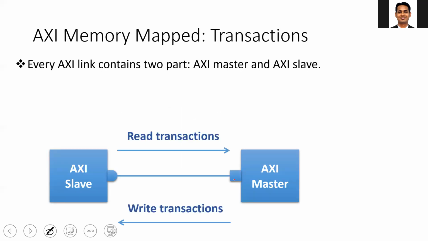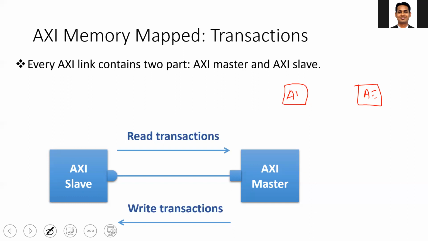The AXI protocol highlights how data communication can take place over an AXI link. Suppose you have two IPs or two units, say the A1 unit and the A2 unit.